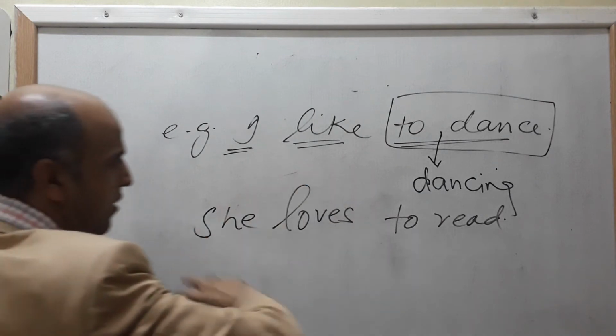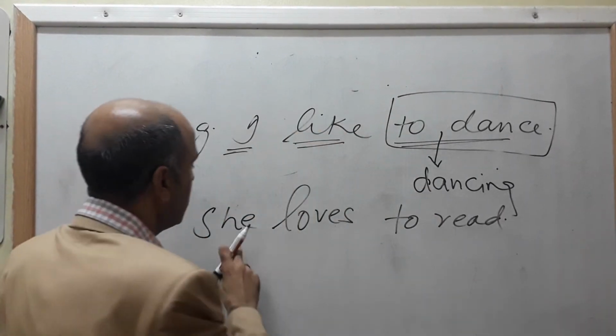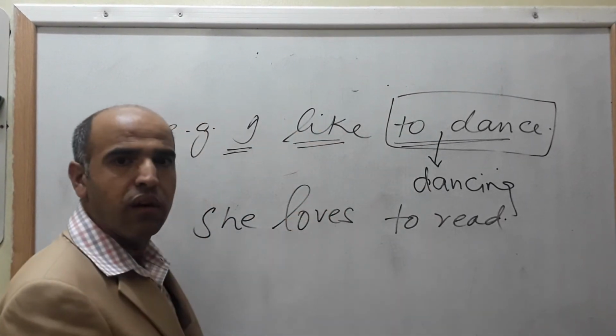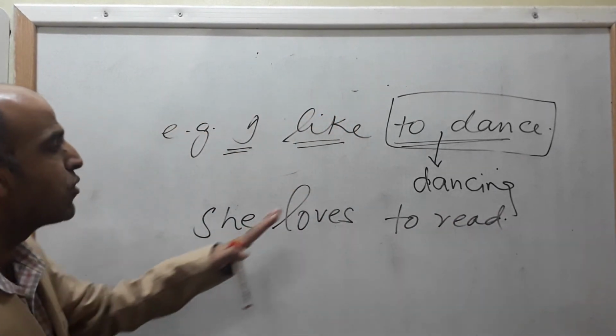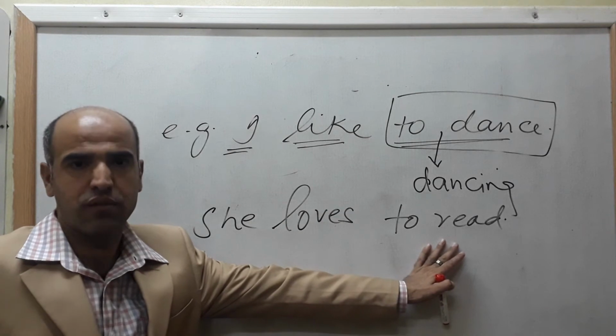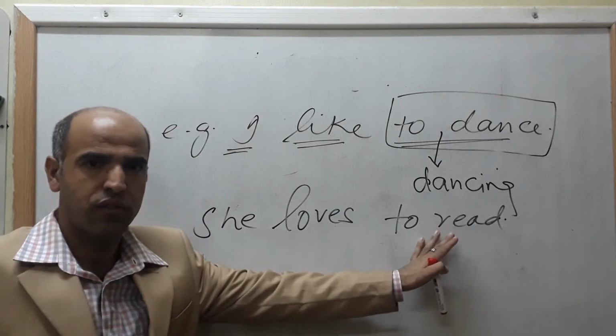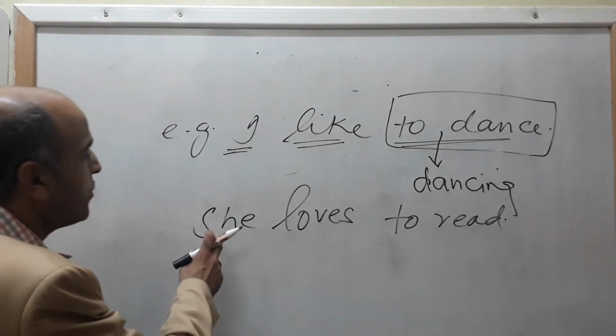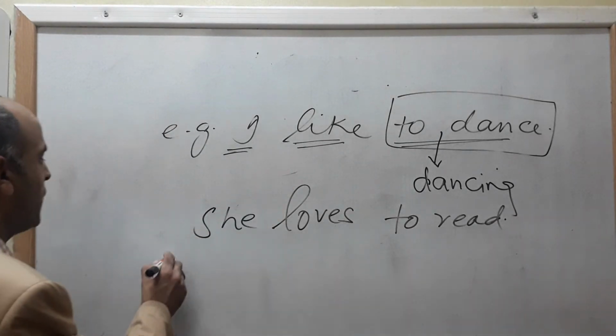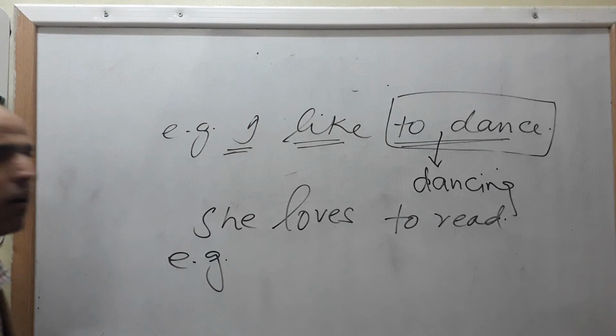This whole is called object complement. She loves, what does she love? She loves to read. Clear? Now to read is your object. She likes what? To read. Clear? So she loves, let me give you another example for your clear perception.